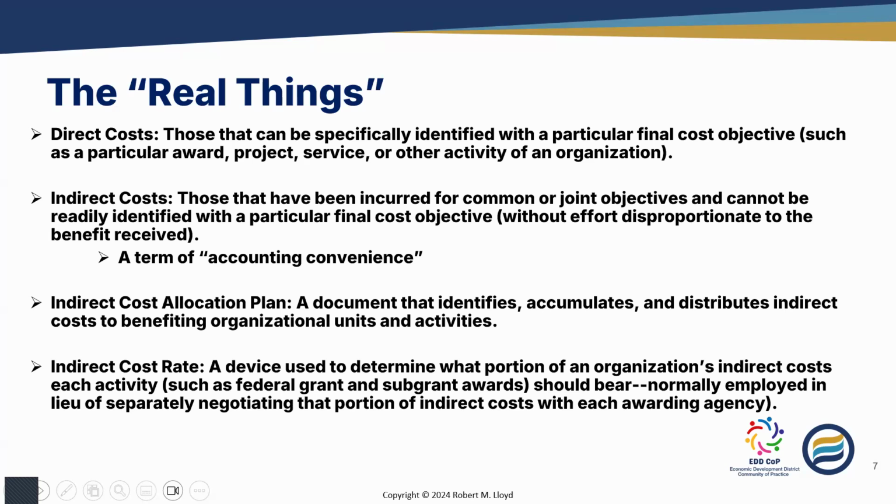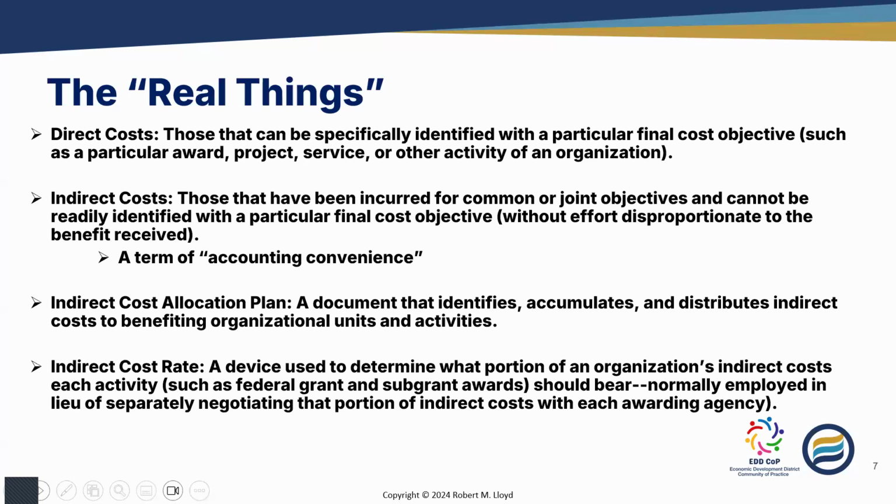Back in the 20th century, as federal grant activity increased, the federal government concluded that having an organization have to negotiate the amounts related to indirect costs with each award was highly problematic. And particularly among colleges and universities, and then state and local governments, the idea of creating an indirect cost rate process and being able to use that on an ongoing basis within a particular fiscal period was seen to be a valuable tool.